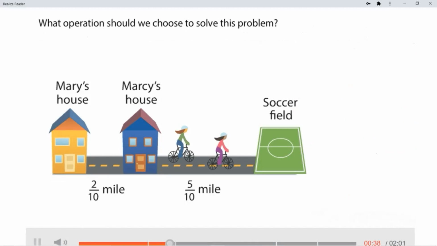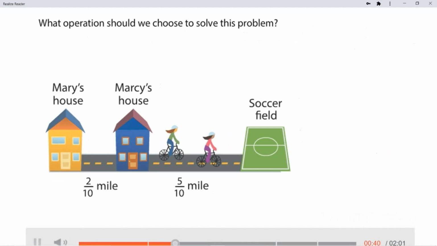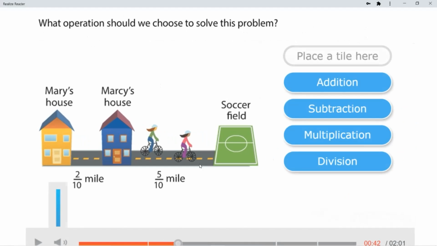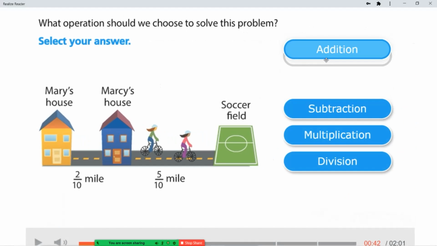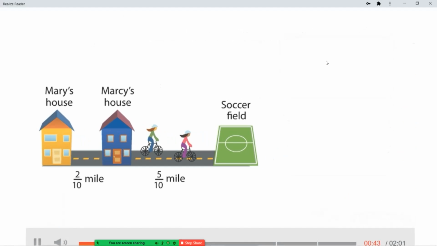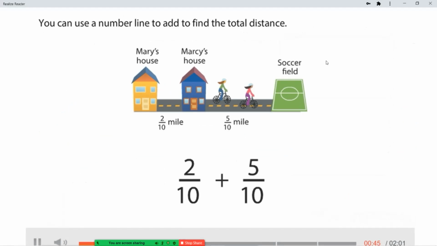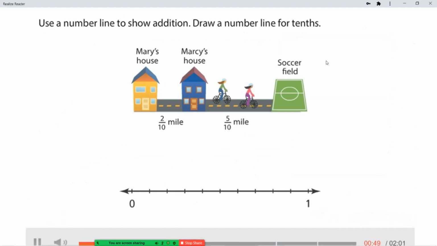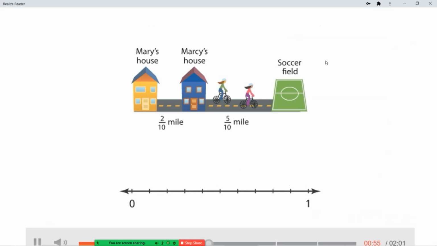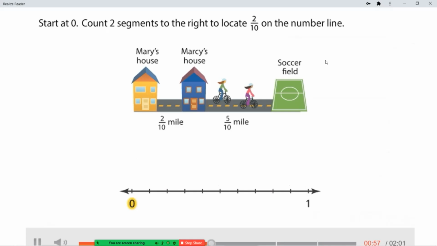What operation should you choose to solve this problem? Select your answer. You can use a number line to add to find the total distance. Use a number line to show addition. Draw a number line for tenths. Start at 0.